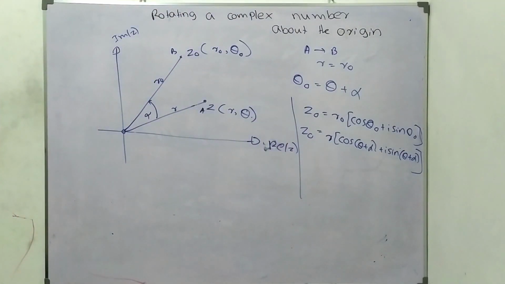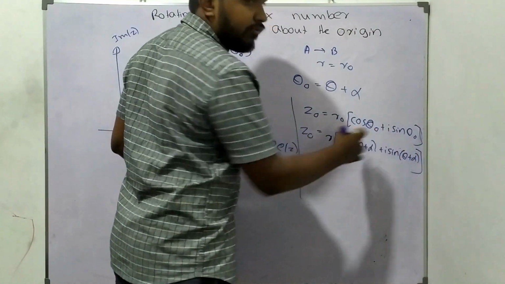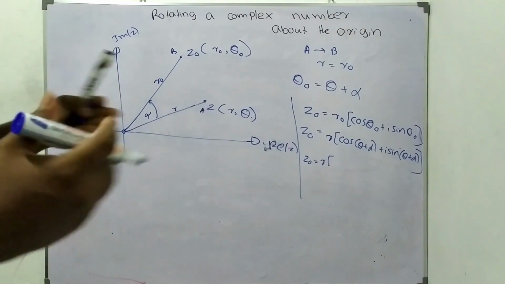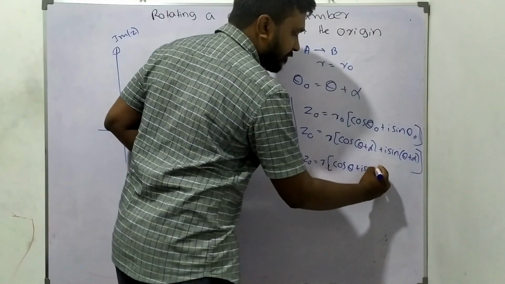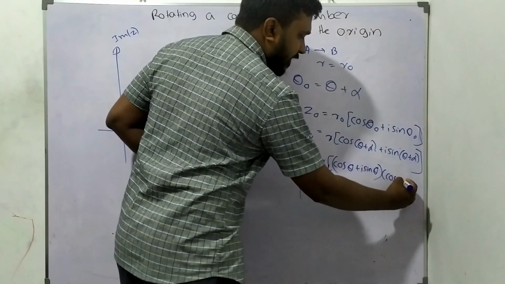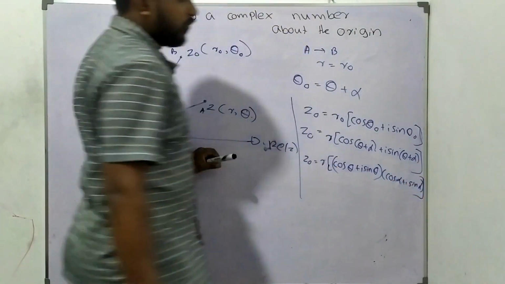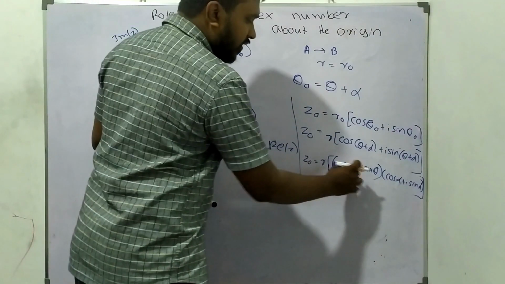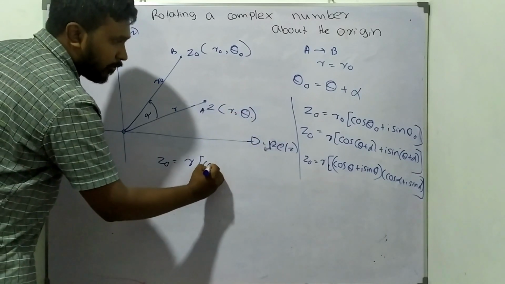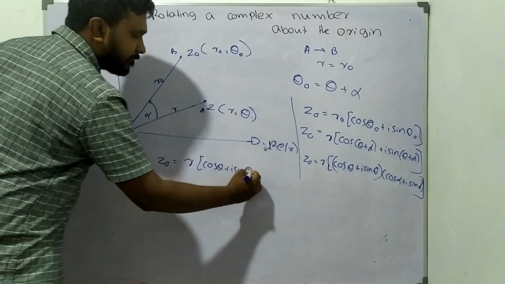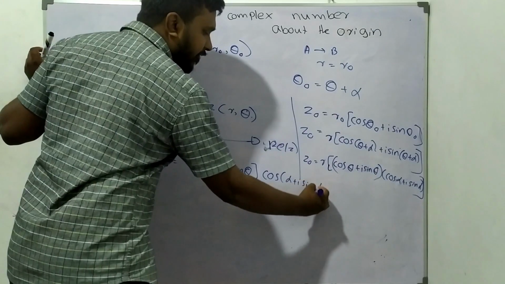Since this is an addition of angles, it is like the multiplication of two complex numbers. So z naught equals r (cos theta plus i sin theta) into (cos alpha plus i sin alpha).